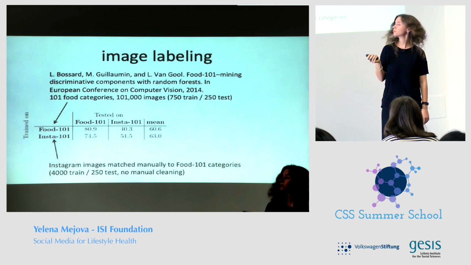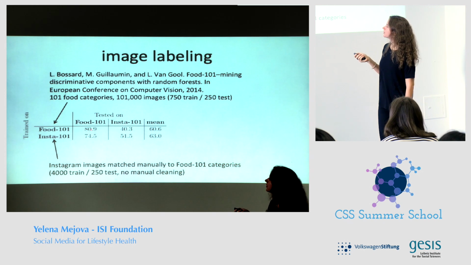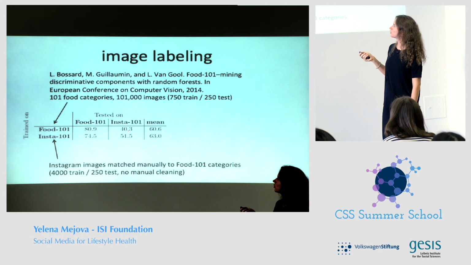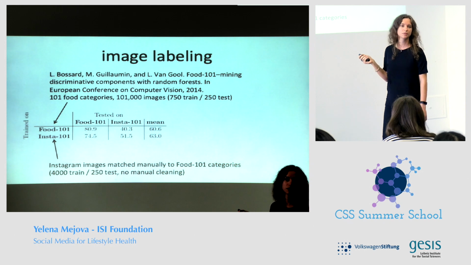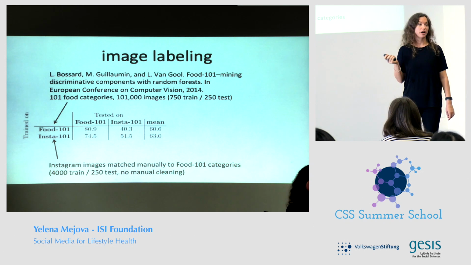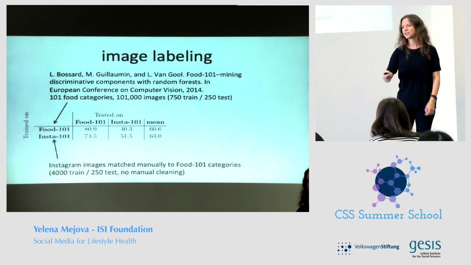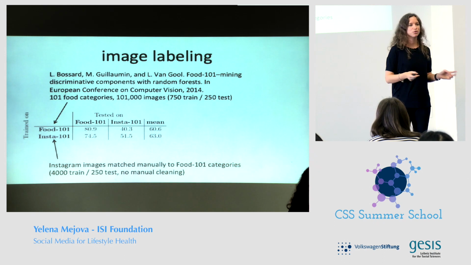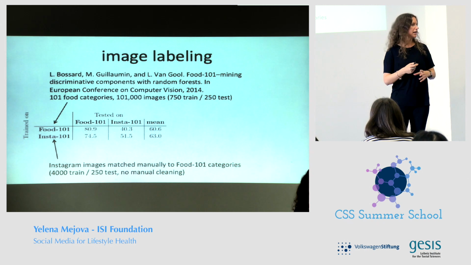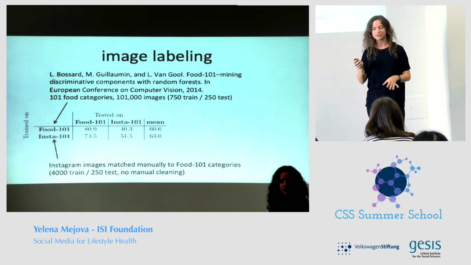But then if you test it on the Instagram data set, it's not so good, right? Because perhaps how people photograph things in real life, the way they use cell phones, the way they produce images is different, and the training no longer applies as well.